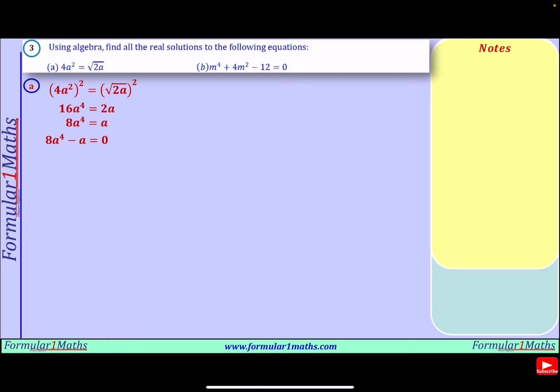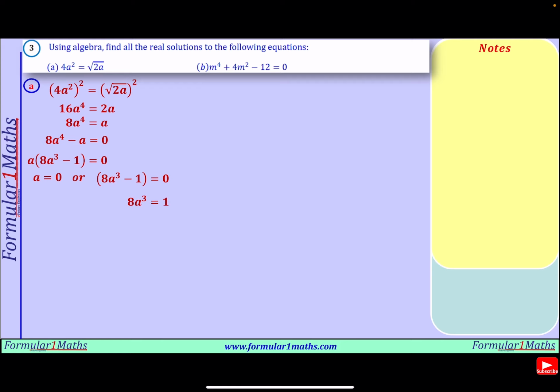And then you move a from here to that side. And so you can factorize a out to get a brackets 8a cubed minus 1 is equal to 0. And then we have the first solution as a equals 0.